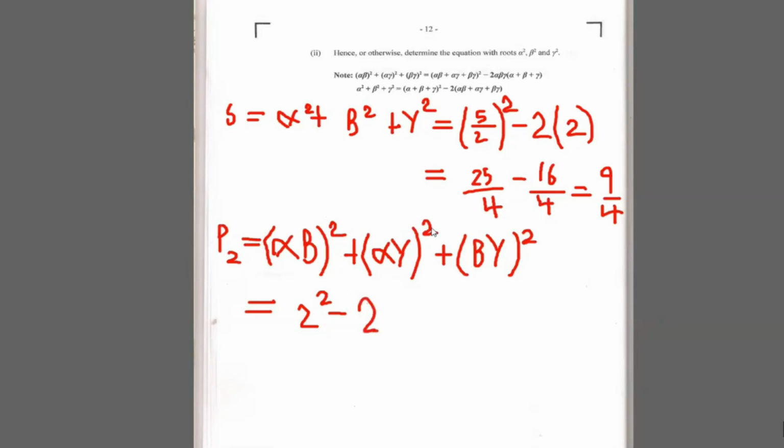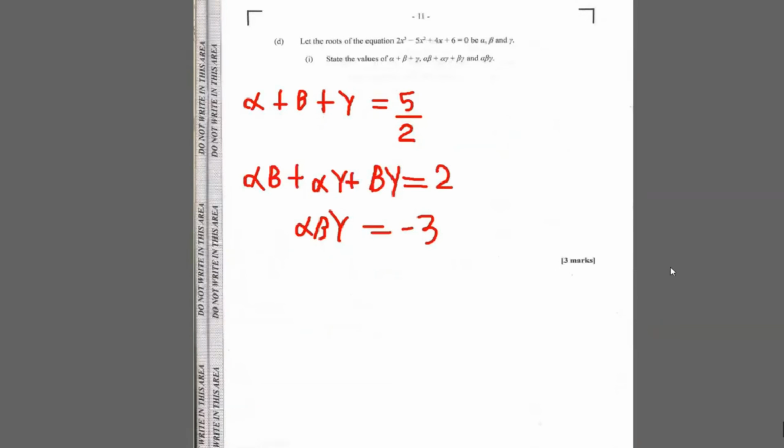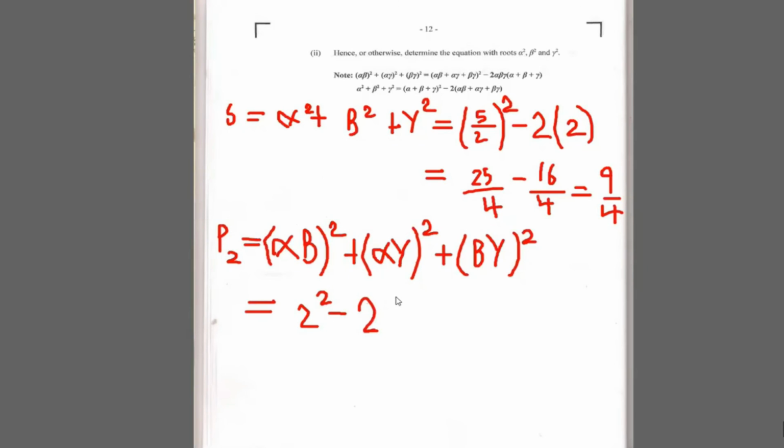Alpha beta gamma is minus 3 and alpha plus beta plus gamma is 5 over 2. Putting that in a calculator, 2 squared minus 2 times minus 3 times 5 over 2, you get 19.